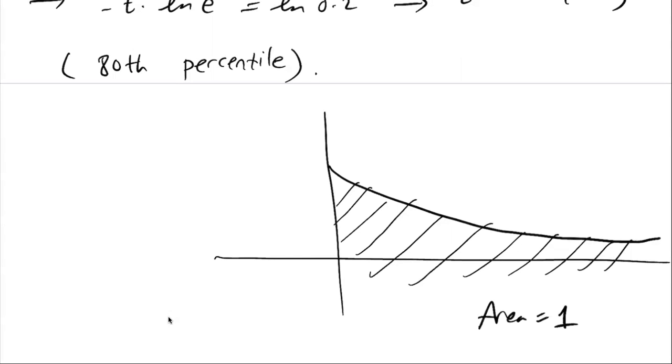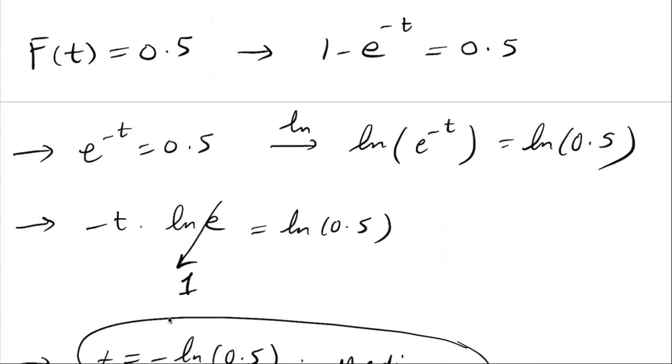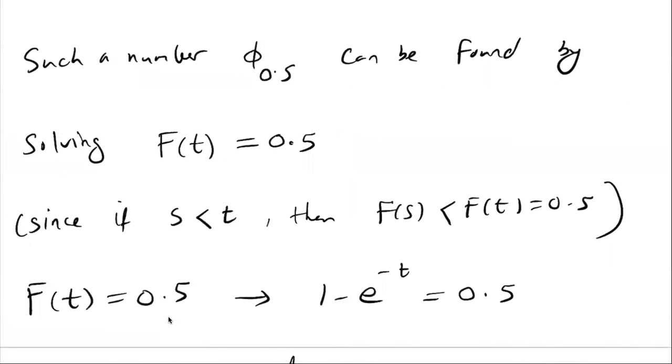Now for the median, we have to find an input on the x-axis for which the area becomes half, because you want capital F to be half. Capital F means the area function. Remember, here we call it CDF, but it's the same as the area function, what you called the area function in Math 114.